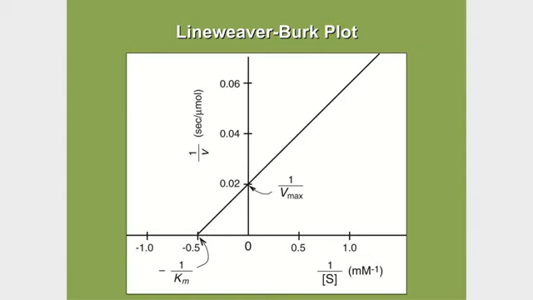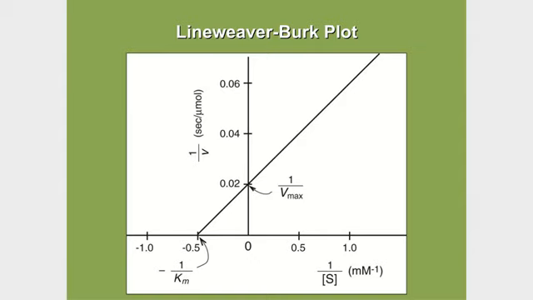Where do you find a Km? On a Lineweaver-Burk plot, it's found at the intersection of the x-axis and the enzyme line. And that value is minus 1 over the Km. Now, please don't get misinformed here. Remember, a Km is a substrate concentration. So on board exams, if they show you a Lineweaver-Burk plot, they will say 1 over the substrate concentration for the x-axis.